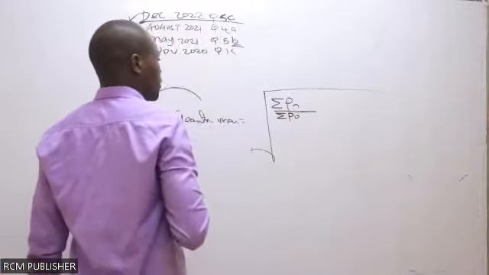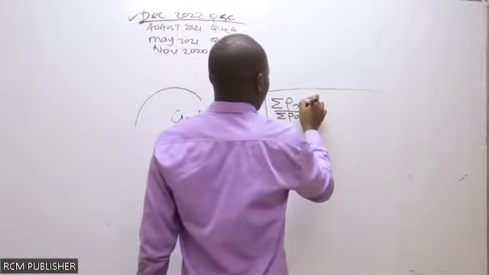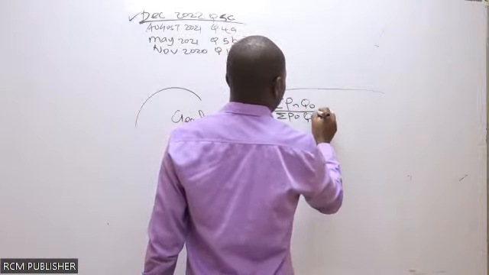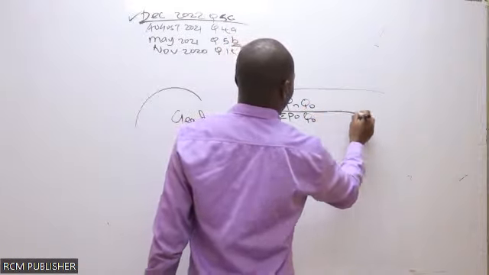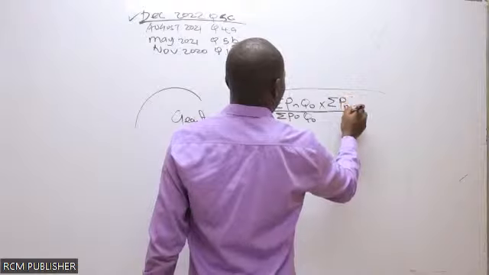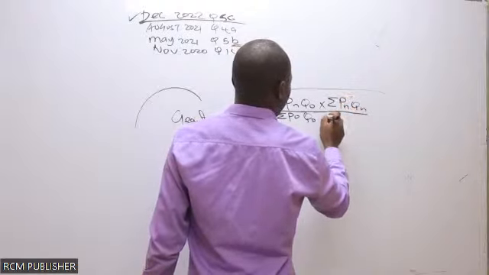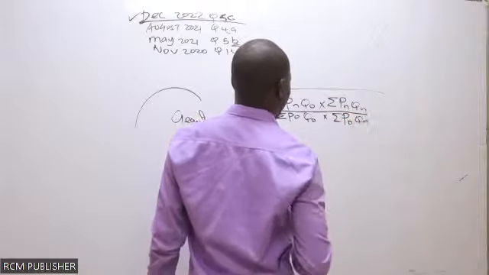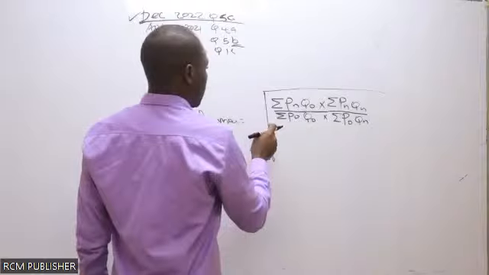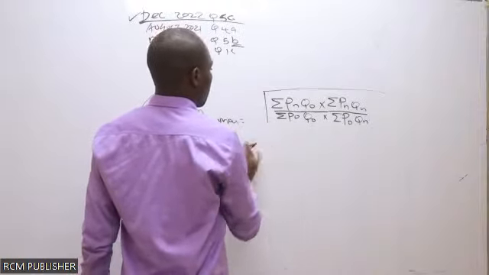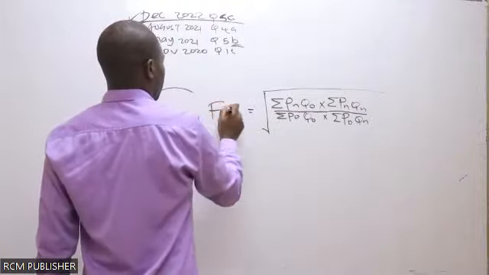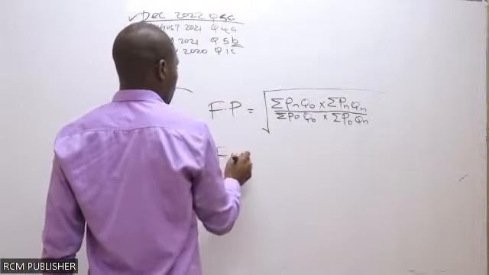Then remember, the weight is the quantity of the period of reference. And then we multiply by summation of Pn Qn over summation of P0 Qn. And by doing that, we already have Fisher's price index.